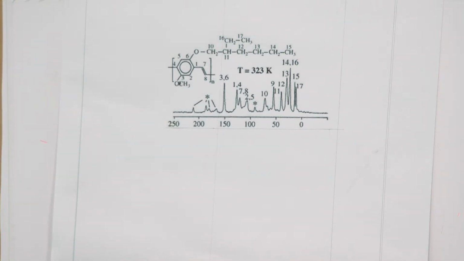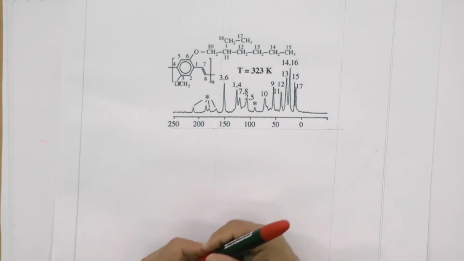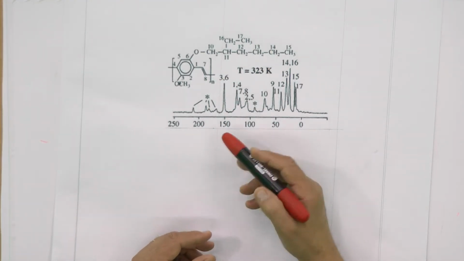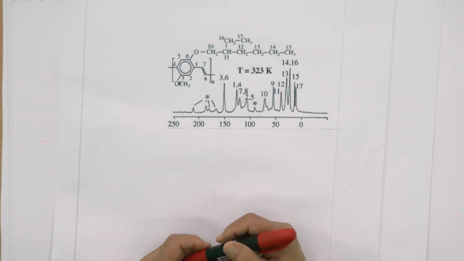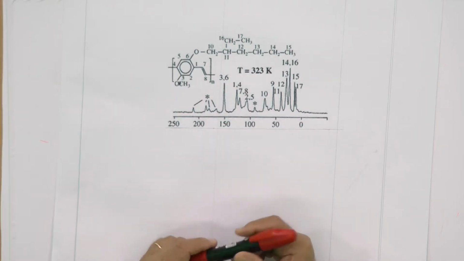We are looking at hydrogens. But we have so many different hydrogens. Or we could be looking at carbon, and we have so many different carbons that we can identify. Or even oxygen, we have the peaks.